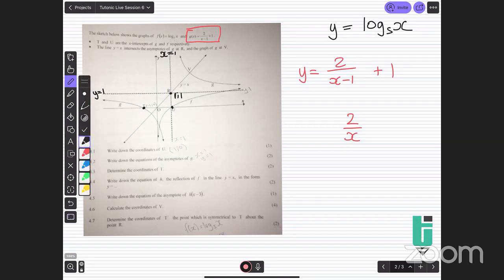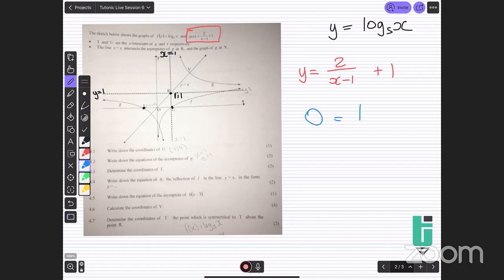Write down the coordinates of U. What's U? The x-intercept of the log graph. How do you find the x-intercept of the log graph? Make y 0.